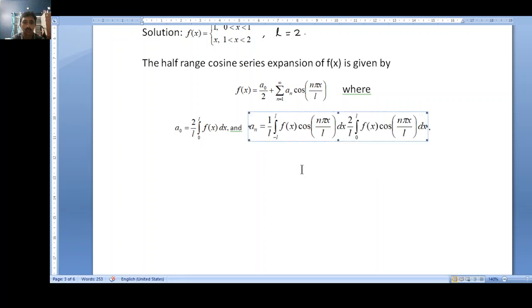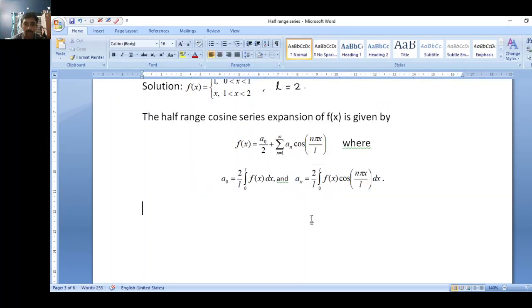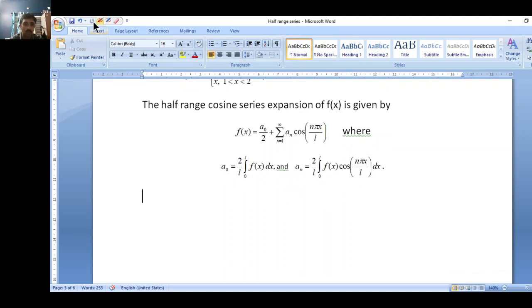So this is what is supposed to be f of x, a naught by 2 plus summation a n cos n pi x by L, where a naught is 2 by L integral 0 to L f of x dx, and a n is 2 by L integral 0 to L f of x cos n pi x by L dx. Okay, so accordingly, now we will start finding a naught.